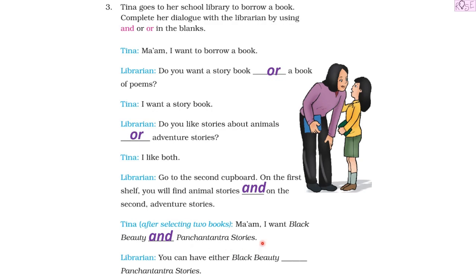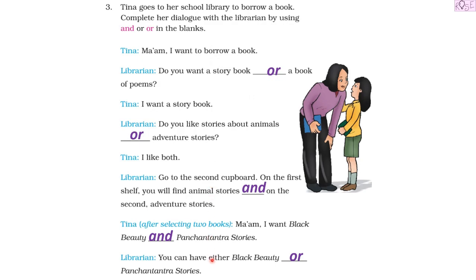Therefore, and is used. At last, the librarian said, you can have either Black Beauty dash Panchtantra story. Now the librarian is saying that you can have just one, so you have to select between Black Beauty or Panchtantra story. Therefore, or will come here.